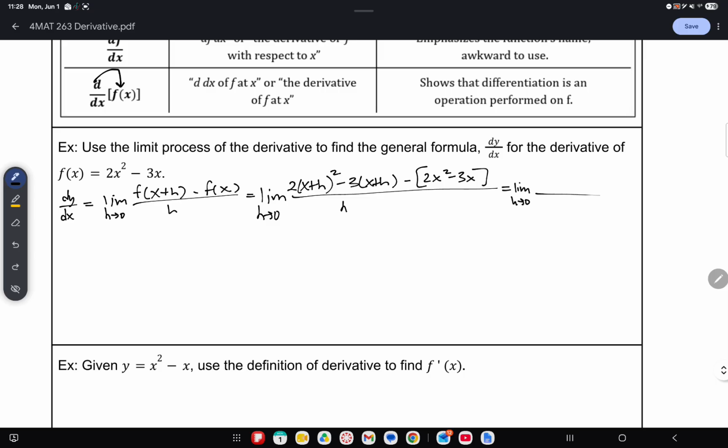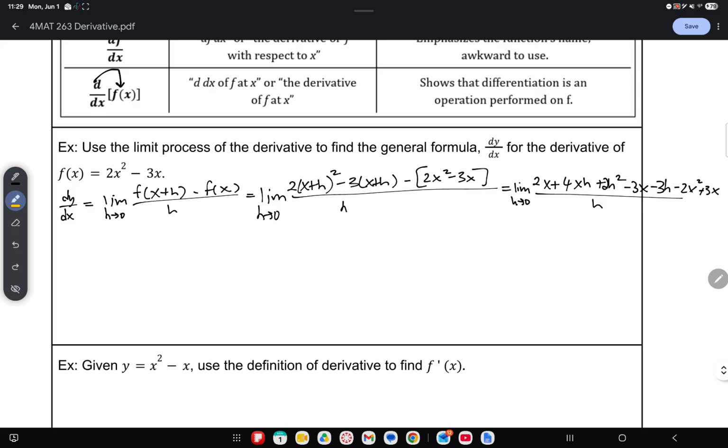All right, let's see what I can try and simplify. So let me distribute some things out. x plus h squared is x squared plus 2xh plus h squared, but I have to distribute that 2 on the outside. So that becomes a 2x squared and a 4xh and then a 2h squared. Then I need to distribute the 3, so minus 3x minus 3h, and then I'll distribute the negative on that last piece, so minus 2x squared plus 3x.